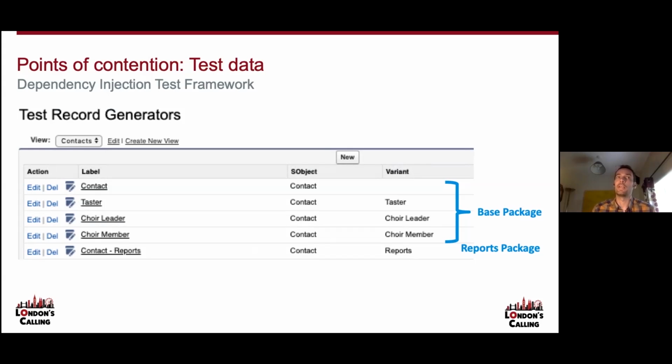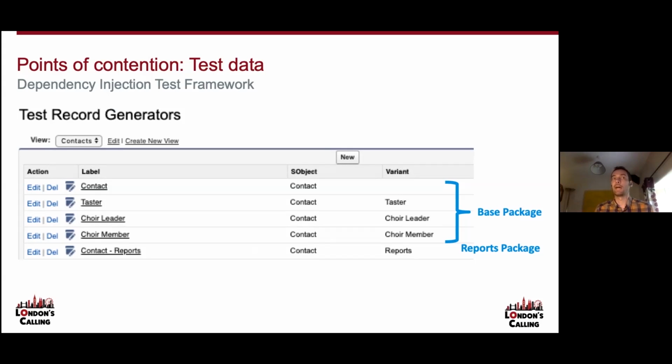And then the other different variations of contact start off by inheriting that basic definition of a contact and then adding more things on, like the record type and some other fields that we need to fill in to create a valid choir leader or choir member. If you remember from our diagram of all the different packages we had in Rockwire, the reporting package doesn't depend on the base package, so it doesn't know about these definitions.